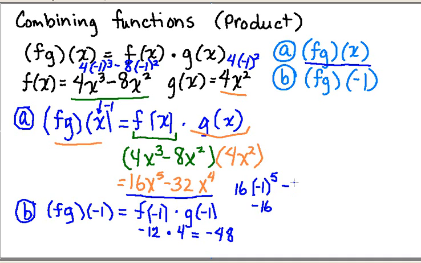My second term is going to be minus 32 times (-1) to the 4th. (-1) to the 4th gives me a positive 1 times a negative 32, which gives me a minus 32. So this answer would have given me minus 16 minus 32, which is a minus 48.